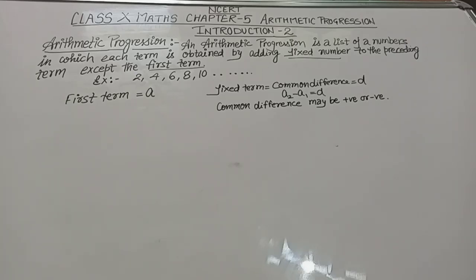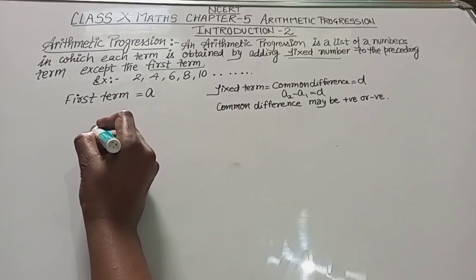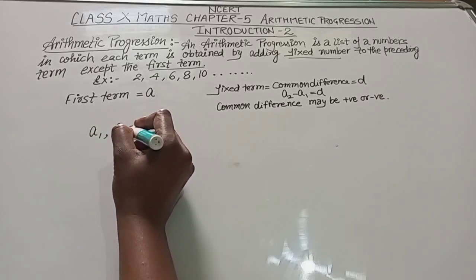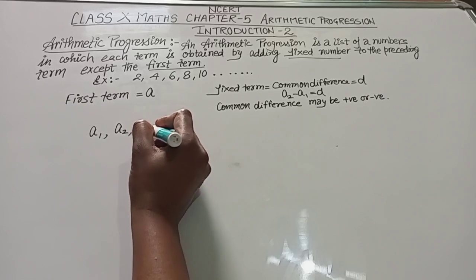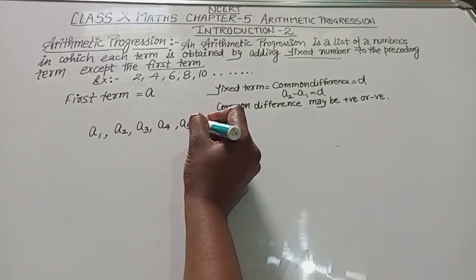Next, let us denote the terms of an AP by A1, A2, A3, A4, A5, and so on.